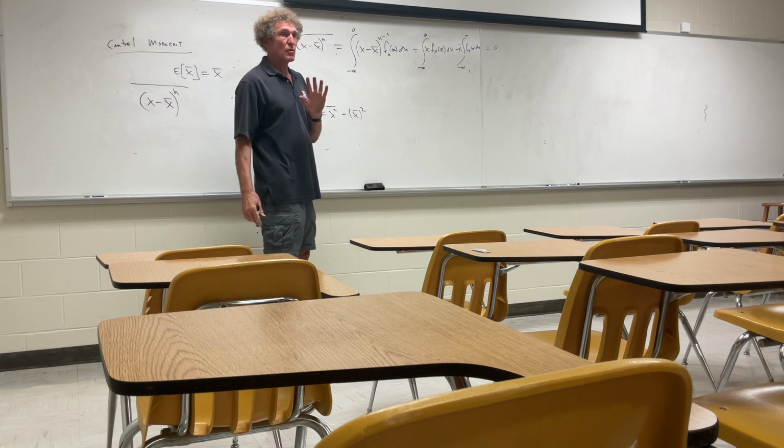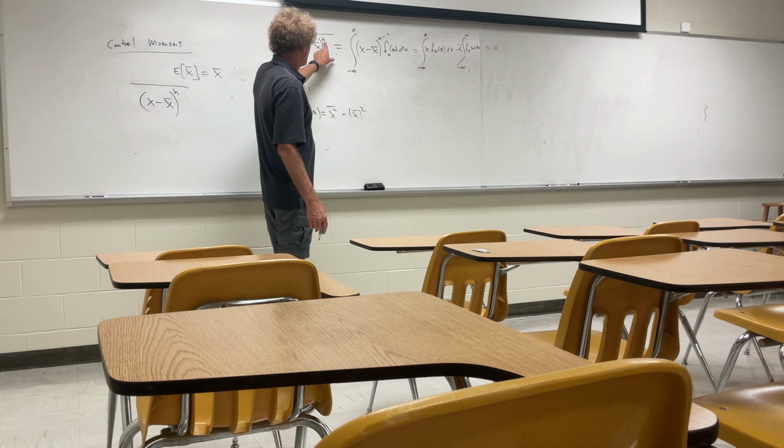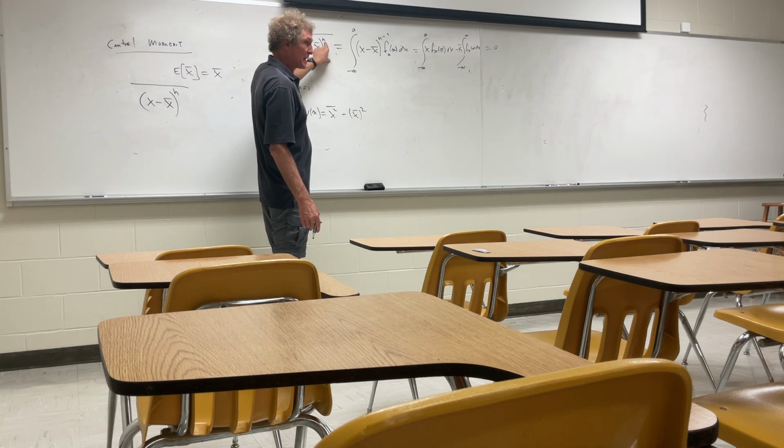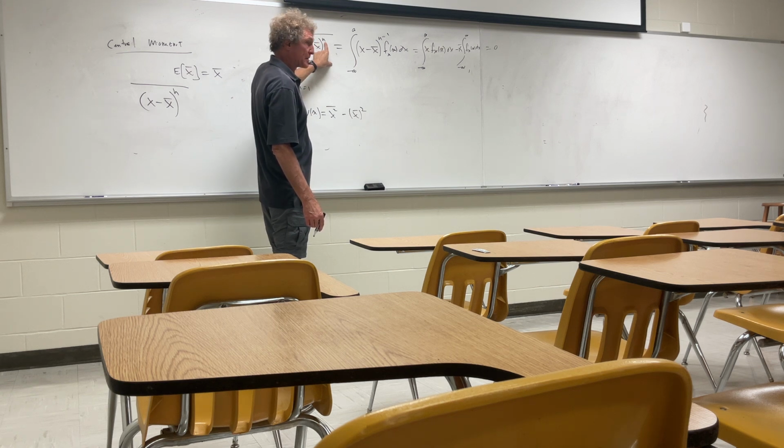Now, here's the important ones. Remember, these are central moments. The third central moment, when n equals 3, this is important. When we get to Gaussian, you'll see this. Almost always the third central moment will be 0.